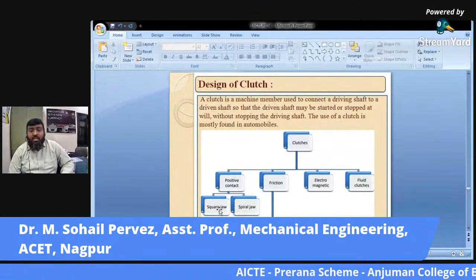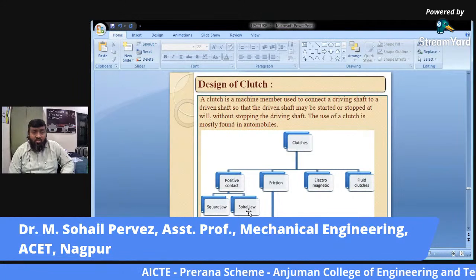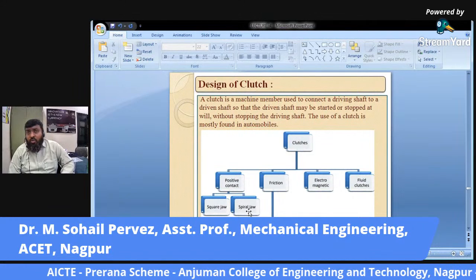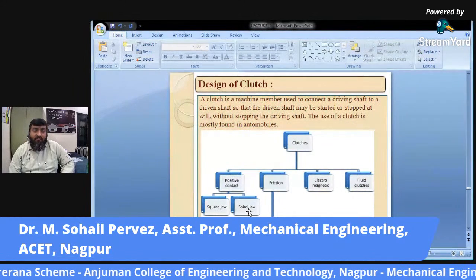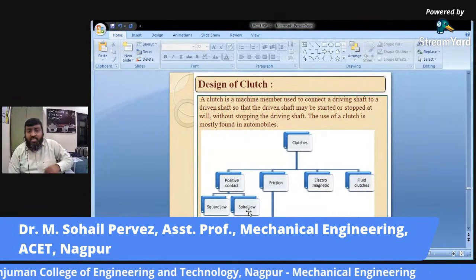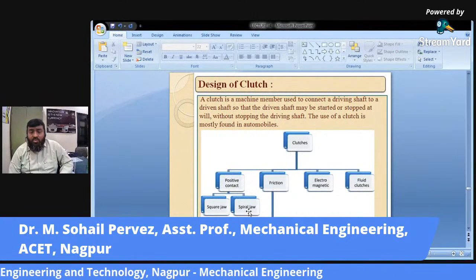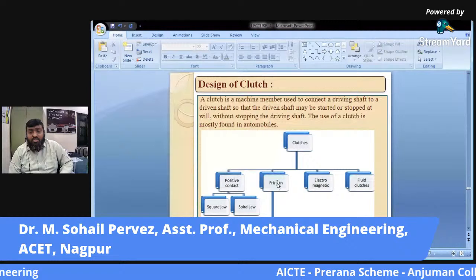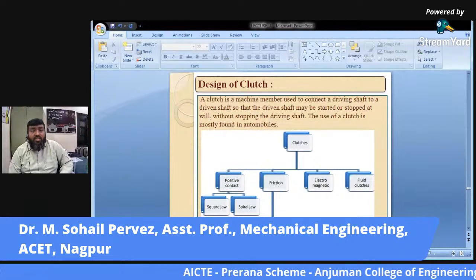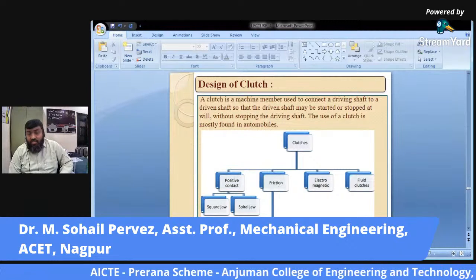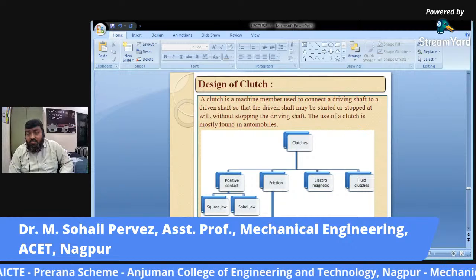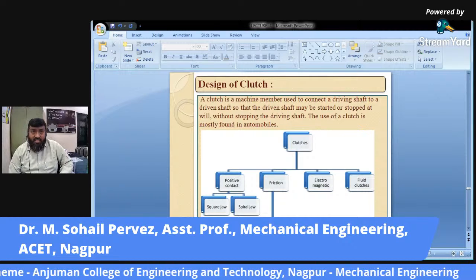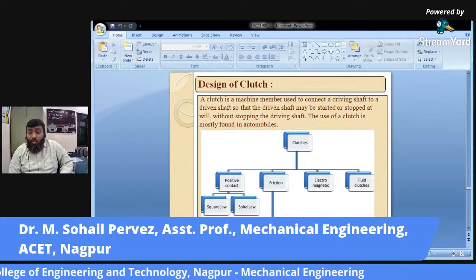Square jaw clutches and spiral jaw clutches are mostly used in on-load mechanical systems, wherein you have to engage the clutch on your own, if the load is increasing or decreasing. Friction clutches are most widely used: single plate clutch, as in our cars, multi plate clutch, as in our bikes, cone clutch.